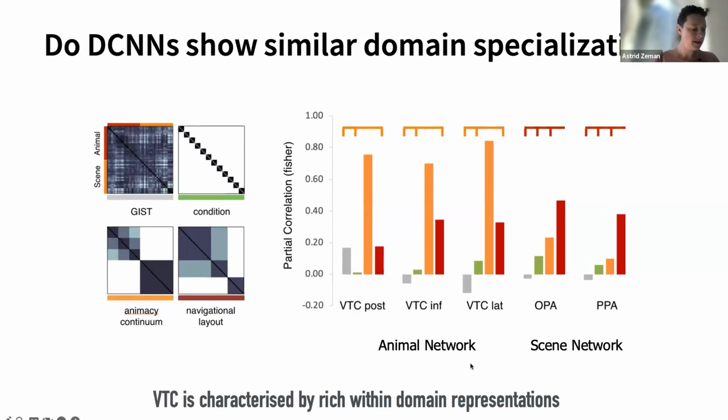So this is the brain data. And here we see a nice double dissociation, where animal selective areas were well characterized by the animacy model, and it was the opposite for the scene selective areas. And this confirms this rich representational space that we see in VTC.